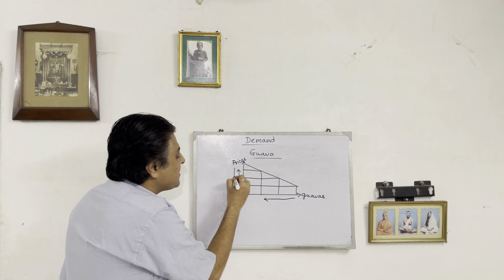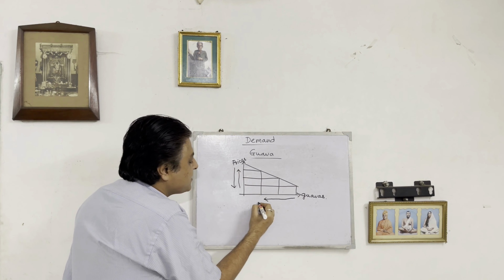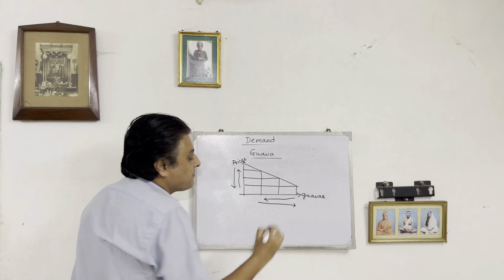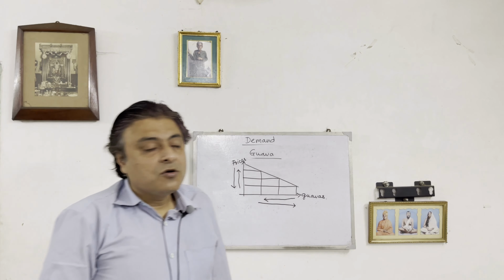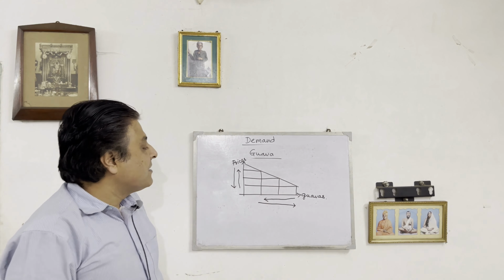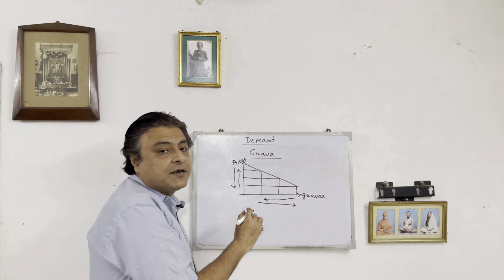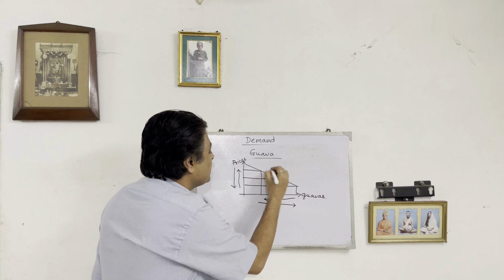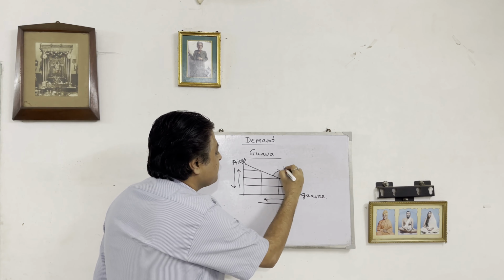And if the prices are falling this way, quantities of guava are rising this way. So, the law of demand is diagrammatically represented with the help of the demand curve.